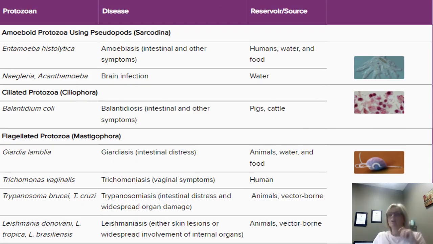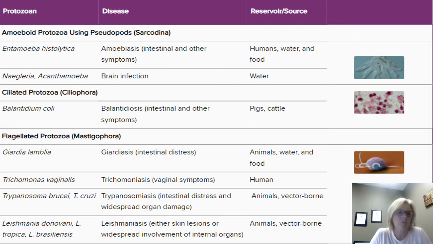So this is a look at some of those major pathogenic protozoa. We've talked about Entamoeba histolytica. This can cause intestinal disorders. Naegleria or Acanthamoeba, these are the brain-eating amoebas, and we actually had someone in Arkansas in the past few years who had this. Let's see, some more familiar ones.